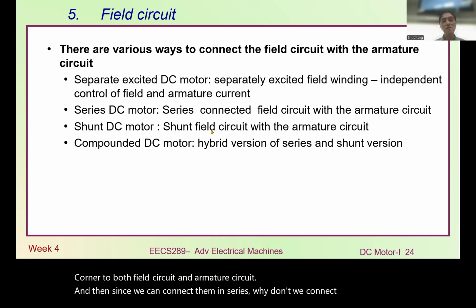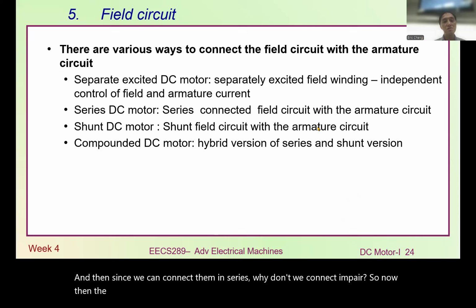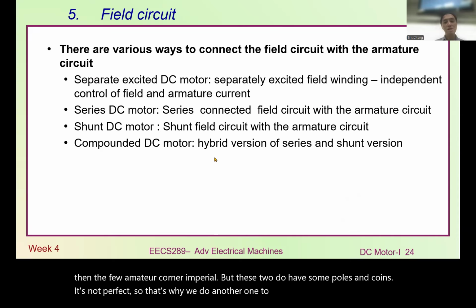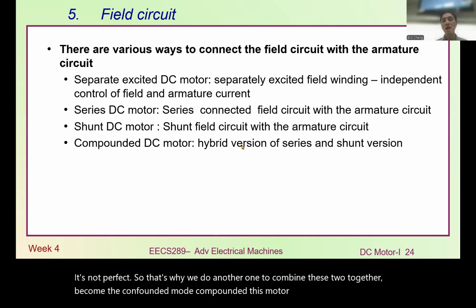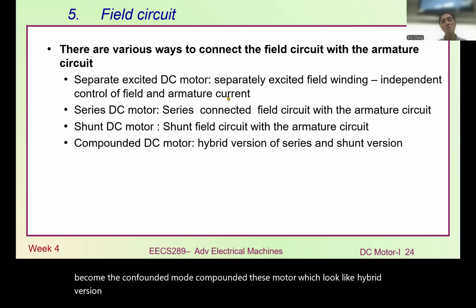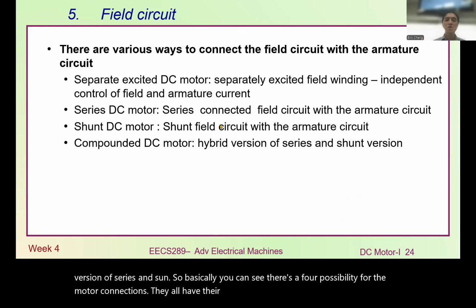So now then the field and armature are connected in parallel. But these two do have some pros and cons. It's not perfect. So that's why we do another one to combine these 2 together, become the combined mode, combined DC motor, which look like a hybrid version of series and shunt. So basically, you can see there's 4 possibilities for the motor connection. They all have their own pros and cons.